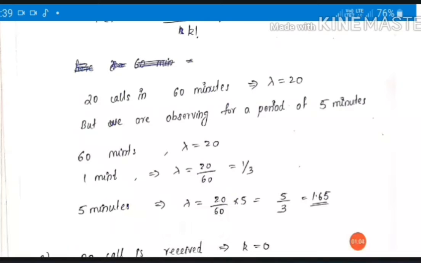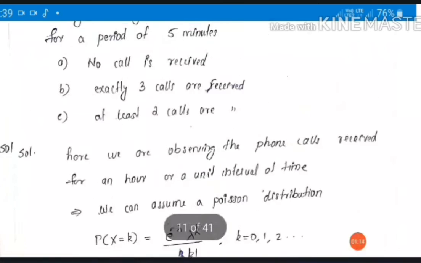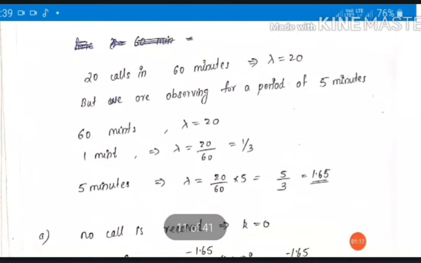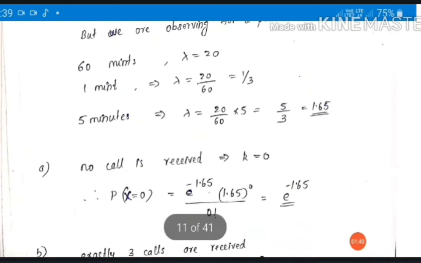Lambda is a parameter, so we need to set the parameter, which will be common for the 3 cases. 20 calls in 60 minutes means lambda equal to 20, but we are observing for a period of 5 minutes. So for 60 minutes lambda equals 20, for 1 minute lambda equals 1 by 3, and for 5 minutes lambda equals 1.65. So we set the lambda.